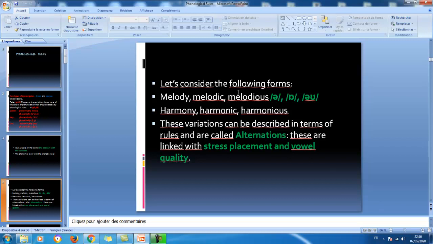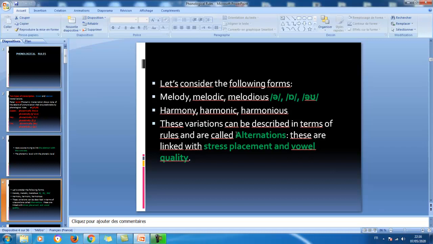Now it seems that this pattern works for other words. There is what we call a certain pattern here. Look, harmony. After M we have got schwa. This schwa becomes o, harmonic. This schwa here becomes o, harmonious here. So it seems that we have got the same pattern in here. So the link between the basic pattern here and this one and this one, these are variants.